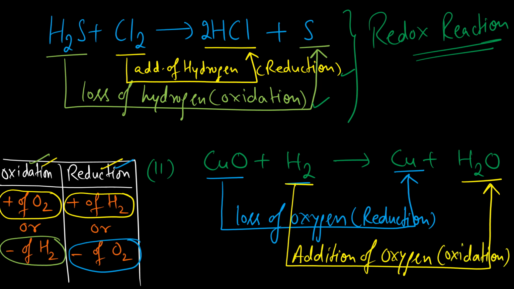So now we can see again this is a good example of a redox reaction. Why? Because here oxidation and reduction are again coming together in the same reaction, or you can say oxidation and reduction come simultaneously. So this is all about the redox reaction.